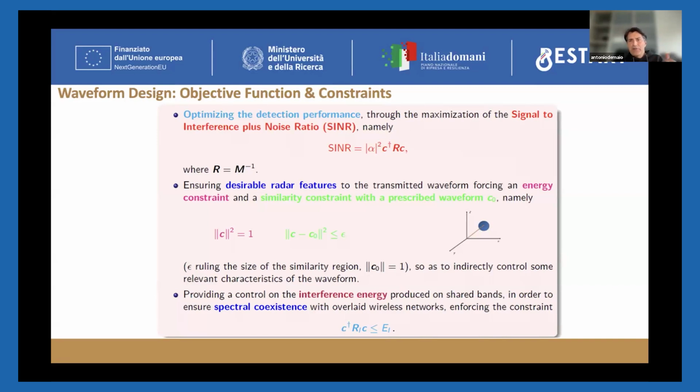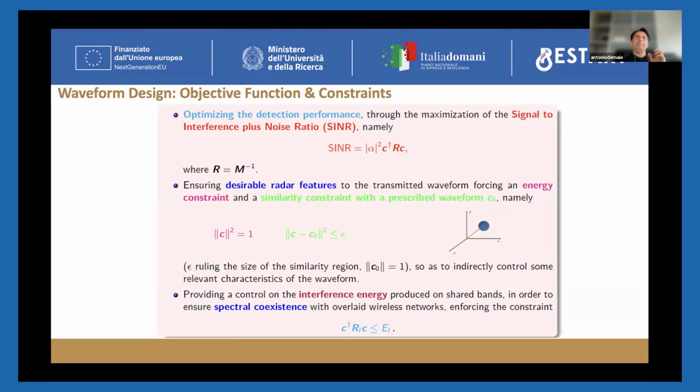There are several reasons that motivate this constraint. In fact, an uncontrolled optimization can lead to signals with significant modulus variations, with a poor range resolution, with high side lobes, and more generally, we can experience an undesired ambiguity function response.